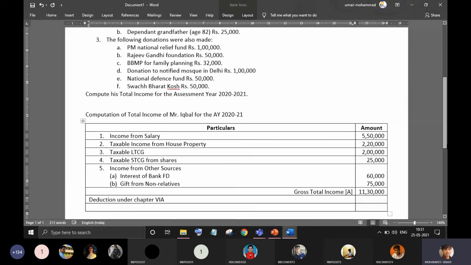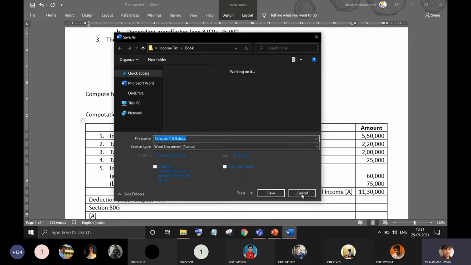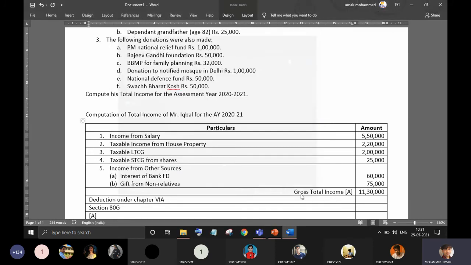So let's write here. We have deductions in this question which are all from 80G only. We don't have any other deductions. So section 80G, under this category A, category A is fixed rate deduction.